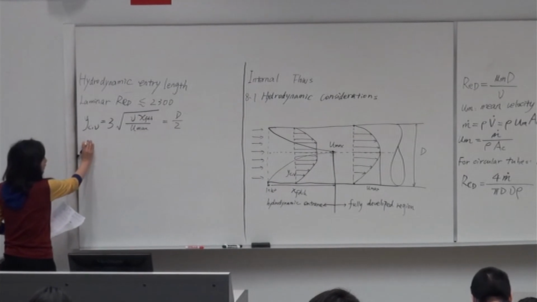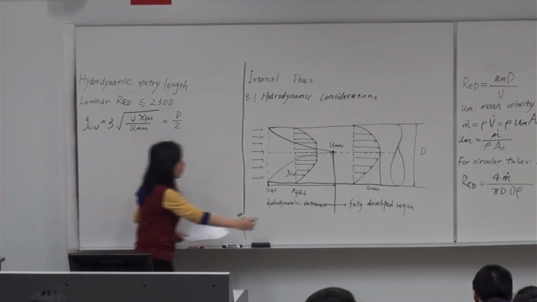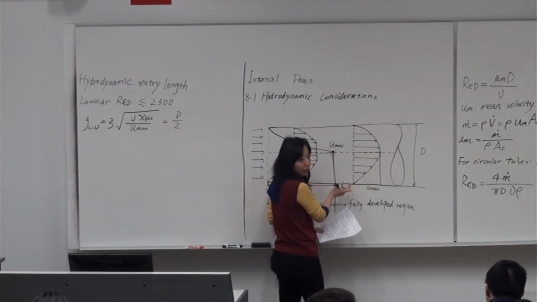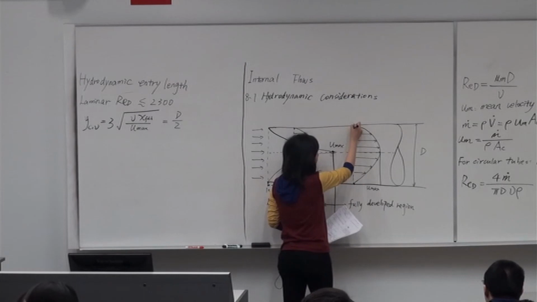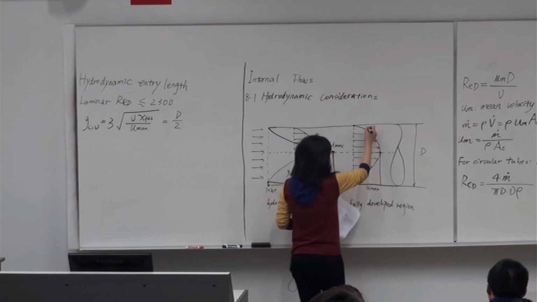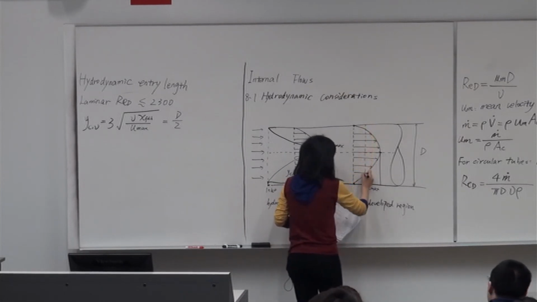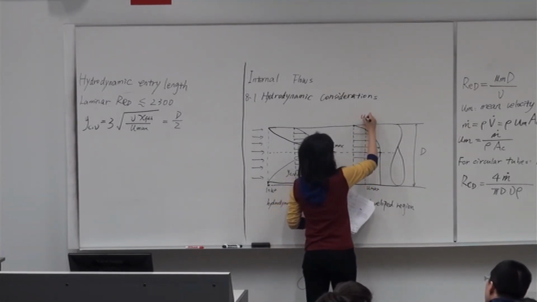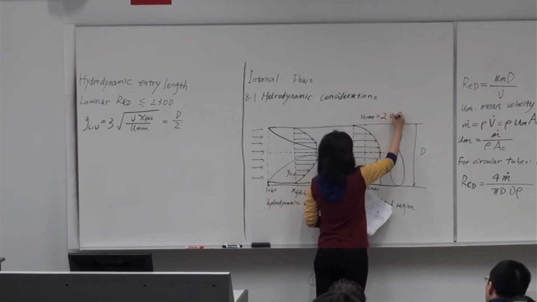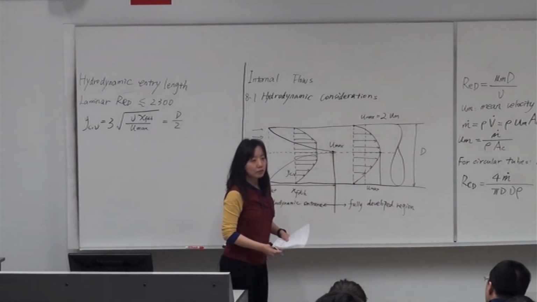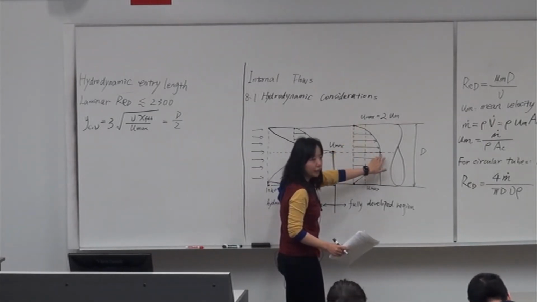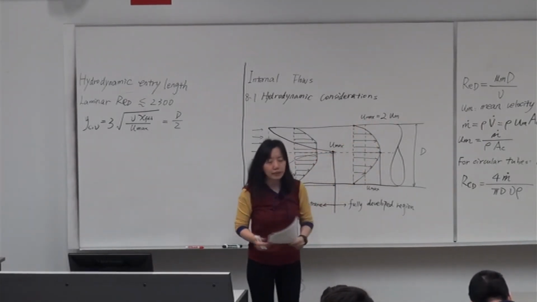Once it reaches this region, the velocity profile is parabolic, zero at the surface, maximum in the center. For a parabolic shape, its maximum, which happens at the center line, is twice the mean velocity. You can derive this by yourself because everything is as simple as a parabola.